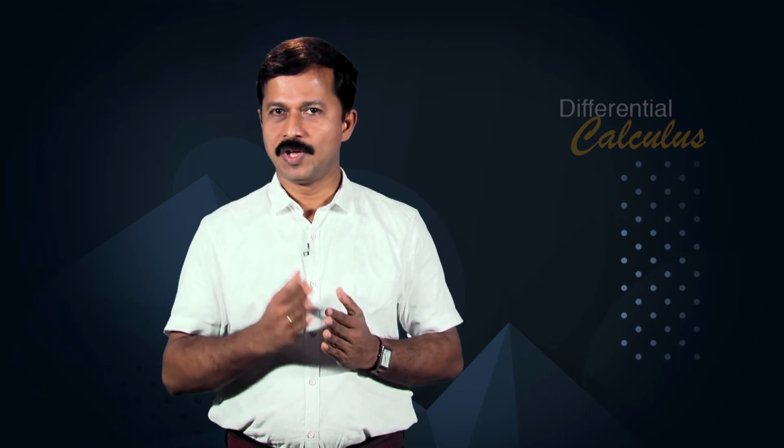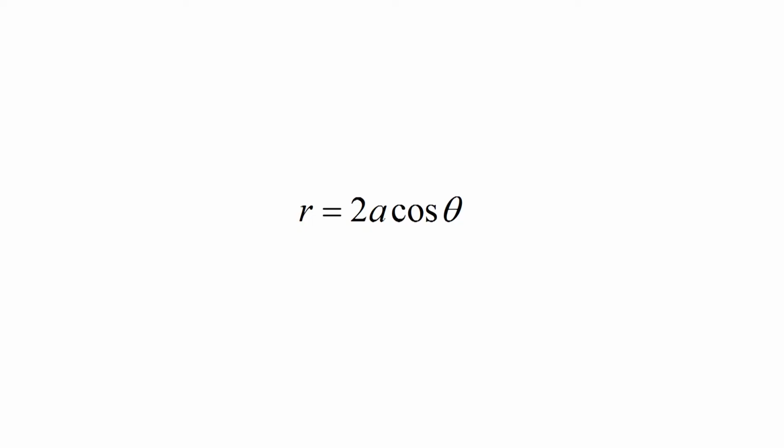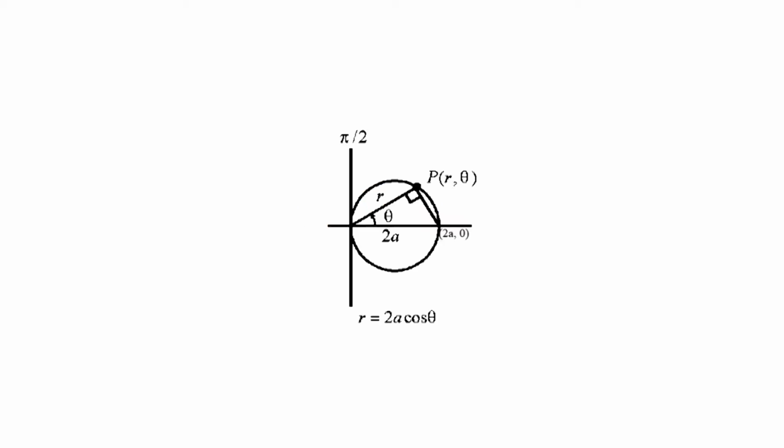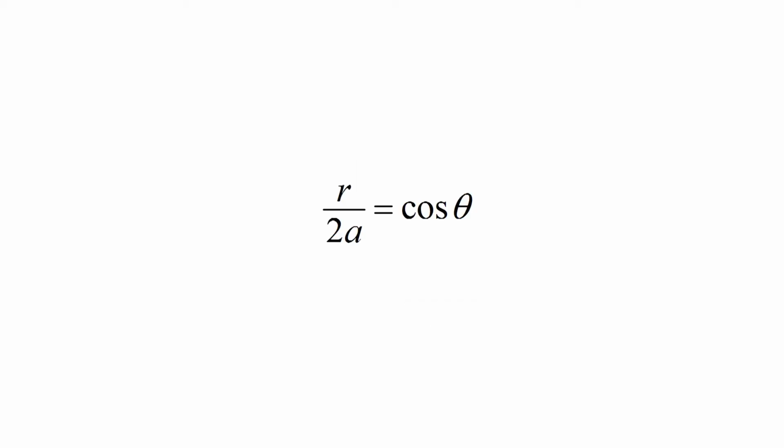As another example, we plot the curve r equals 2a cos theta, where a is a positive constant. From plane geometry, we know that a triangle inscribed in a circle with a diameter of the circle for a side must be a right angle. Thus, as indicated in the figure, considering all possible right angled triangles with hypotenuse as diameter having length 2a that lies on the polar axis, when theta varies, r also varies with respect to the relation r by 2a equals cos theta.